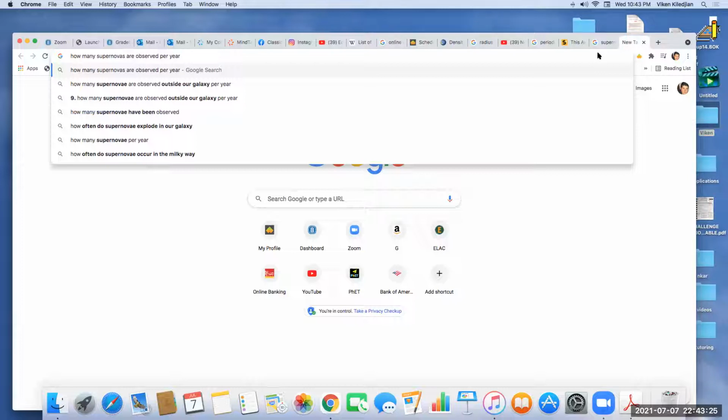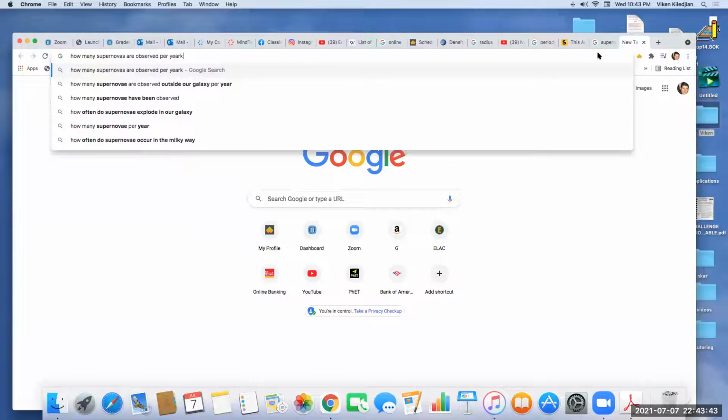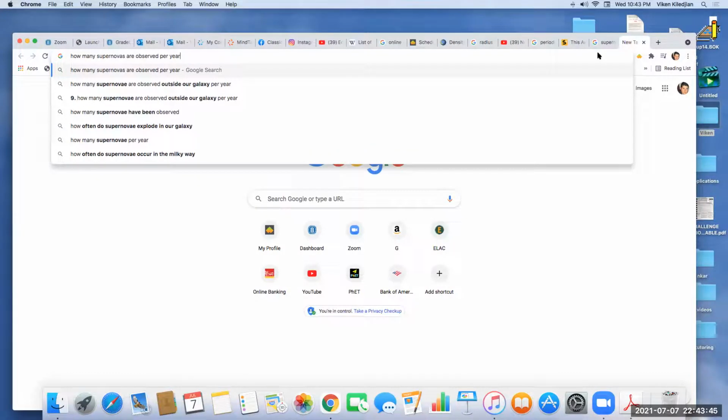Then the next hurricane of the season, Hurricane Boris, a guy's name, and so we go through the letters of the alphabet. Supernovas, we name them by the year we discovered them and by the ABC. So how many supernovas are observed per year?